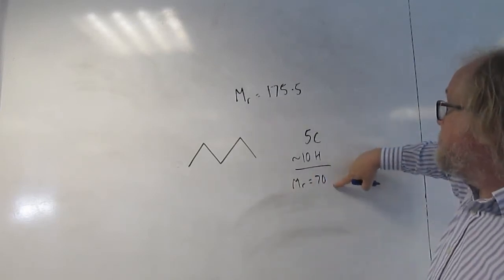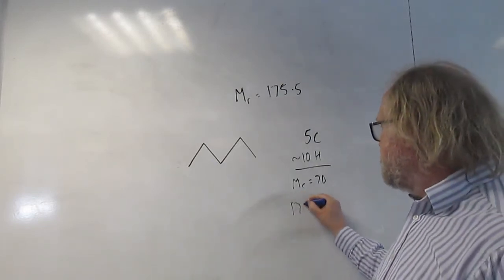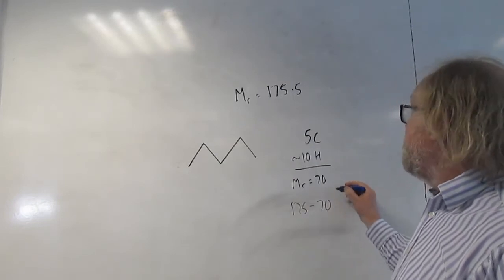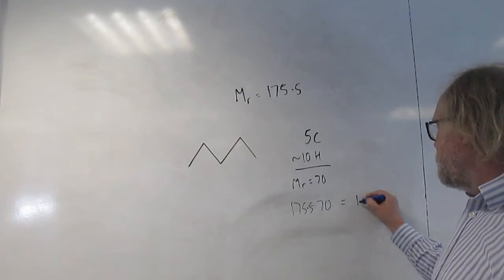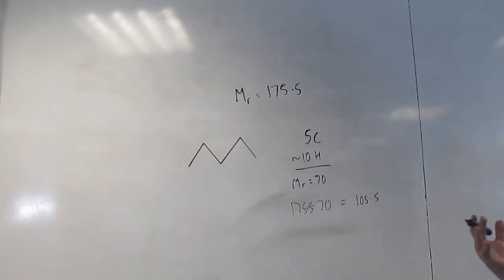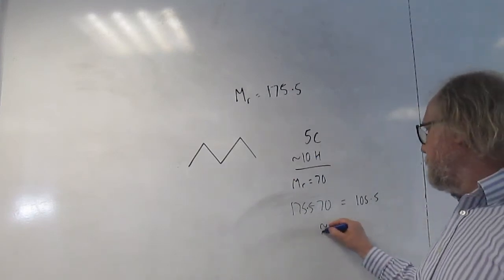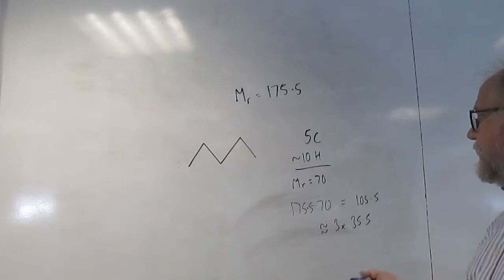And so the difference between that and that must come from the chlorines. So we get 175.5 minus 70 is 105.5, which is roughly 3 times 35.5. So it looks like we've got 3 chlorines in the molecule.